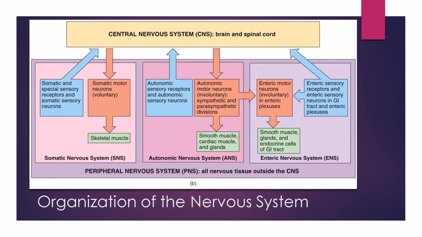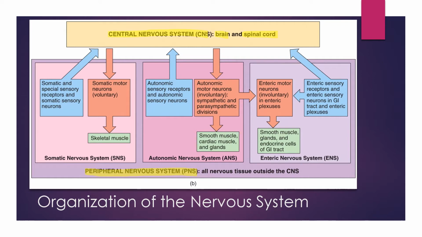Now, the nervous system overall is broken up into the peripheral and central nervous systems. The central nervous system, like I said, abbreviated CNS, consists of the brain and the spinal cord. And then the peripheral nervous system, abbreviated PNS, makes up all the tissue outside of the central nervous system.